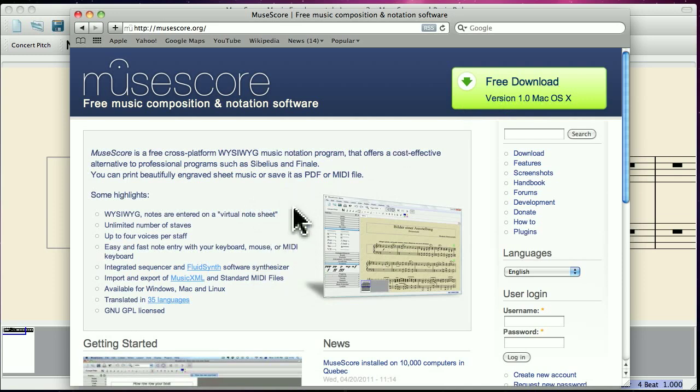It works on Windows, Mac, and Linux. It's one that I found is a wonderful free option for those that are on a budget. So I just wanted to direct you to that. It's got a good handbook that tells you how to do everything you need to know how to do. So I'll be using MuseScore in our tutorials.